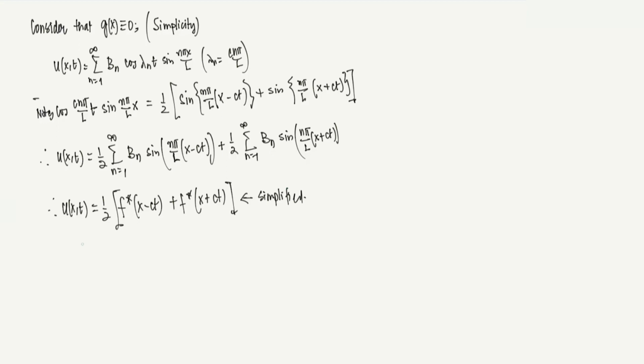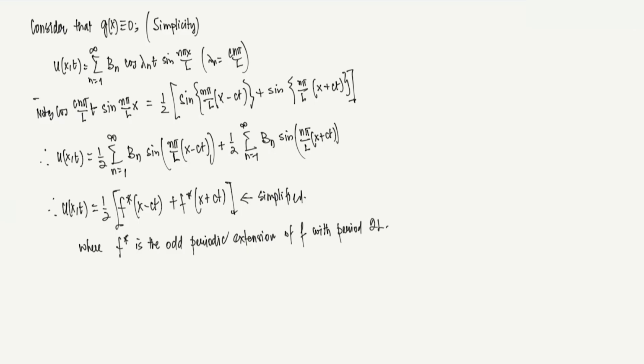Where f star is the odd periodic extension of f, with period 2L. So this is your f star.